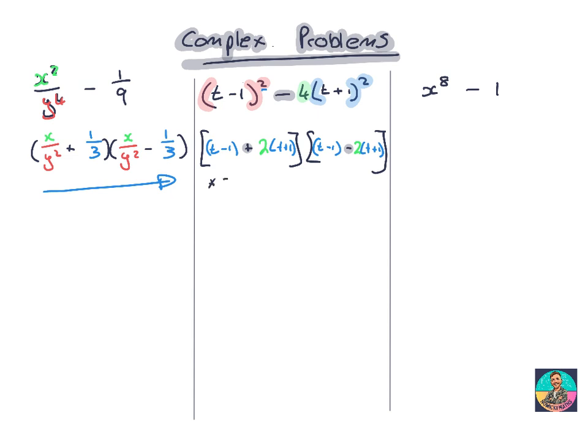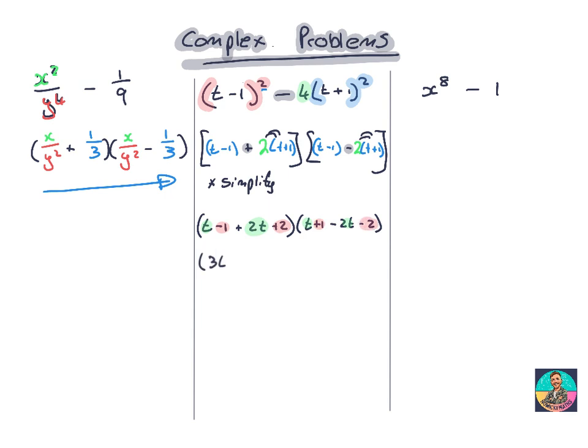But remember, we always want to simplify where we can. So that means I'm going to distribute that in there. So I'm going to have t minus 1 plus 2t plus 2. And I'll do the same in the other bracket. I have a t plus 1 minus 2t minus 2. And I'm going to collect my like terms. And in this case, I have a t and a t there, t and a t there, minus 1 and 2, plus 1 and minus 2. And let's see what that gives us.